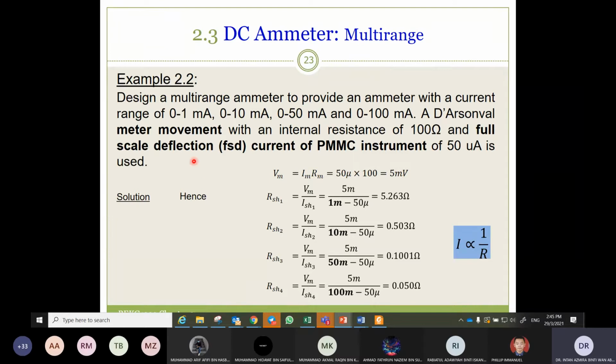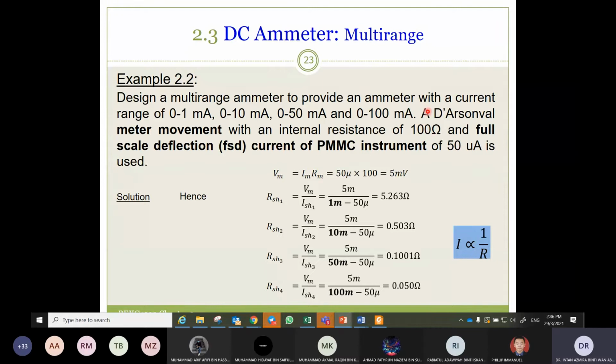Another example: design a multi-range ammeter to provide a current range of 1 milli, 10 milli, 50 milli, and 100 milliamps. So we want to design an ammeter with 4 ranges. A meter movement with an internal resistance of 100 ohm and a full-scale deflection current of 50 microamp is used.